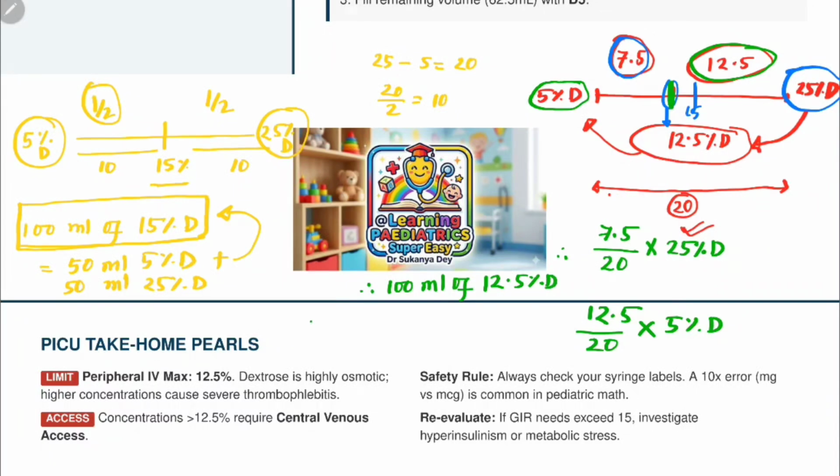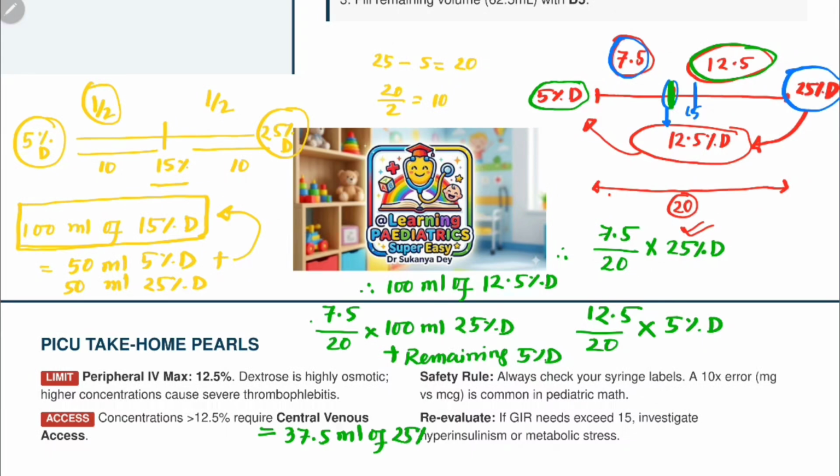Then you have to mix 37.5 ml of 25% dextrose and the remaining, 100 minus 37.5, as 5% dextrose.